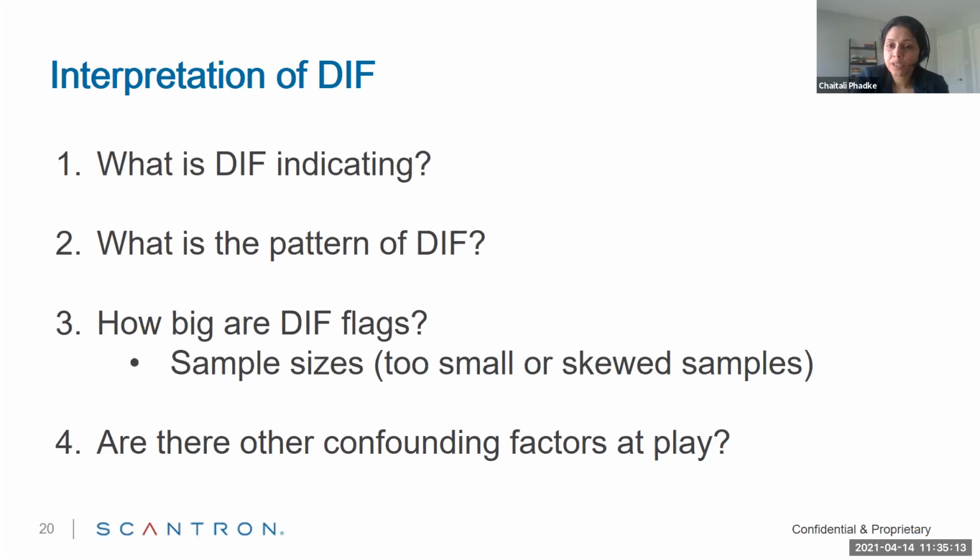What are the characteristics of the taking sample? Because if your subgroups are too small, or if your samples are skewed in one way or the other, then that can result in your statistical estimates being less efficient. And as a result, those DIF estimates may be misleading and may not be telling the real picture.